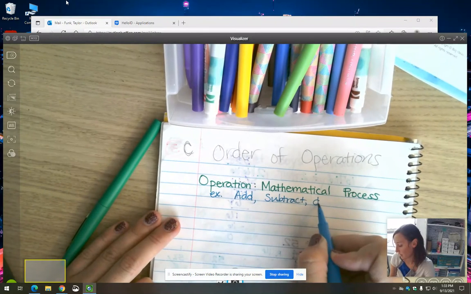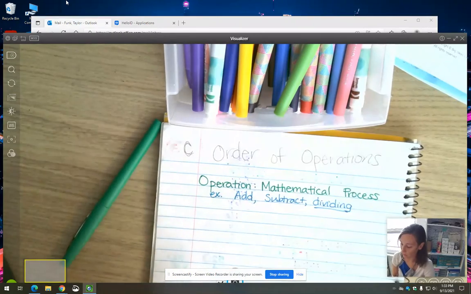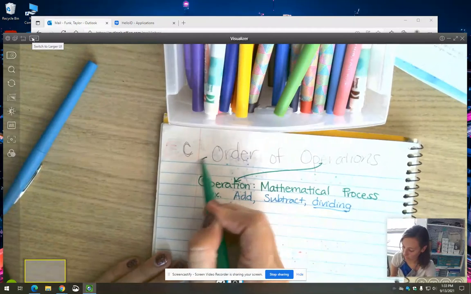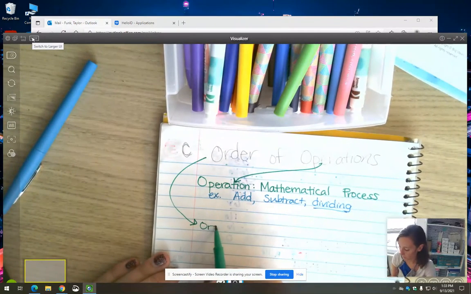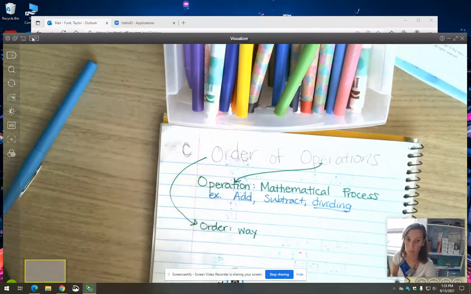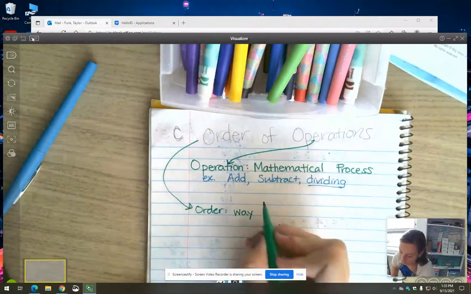Dividing, etc. And order means a way of doing things. So if you put things in alphabetical order, you're putting them in a certain way based on the letters of the alphabet.